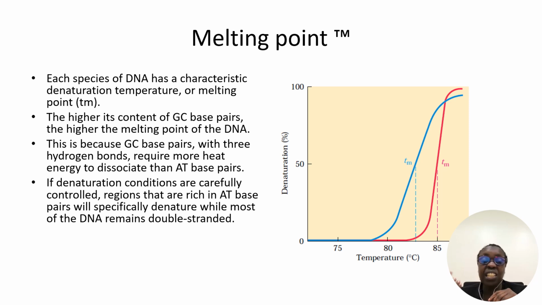So it will require a slightly higher temperature to melt the DNA double helix that has a predominant concentration of G and C. You can see here these 2 strands. One has a melting temperature of 80 degrees and another one a melting temperature of 85 degrees.